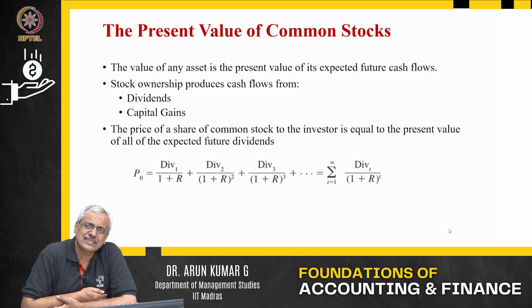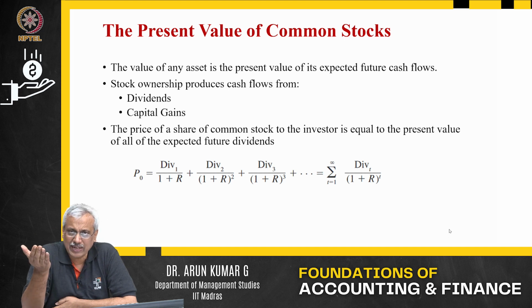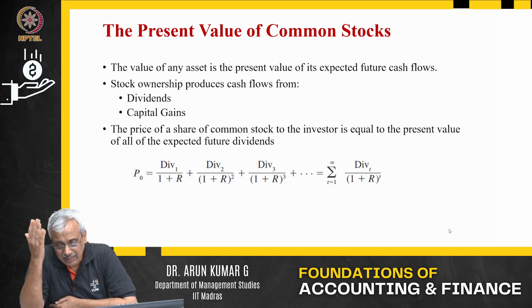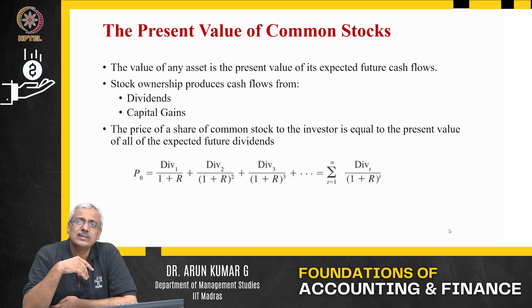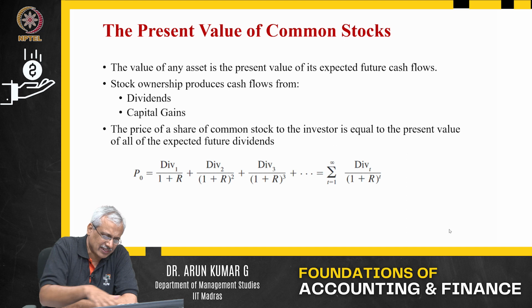The value of the stock is all the dividends that I am going to get on this stock, imagine it is a consistent dividend paying stock, from today till time immemorial, in perpetuity, discounted to the rate as a value of today. That becomes the price of the stock. That is what we have written also in this slide.